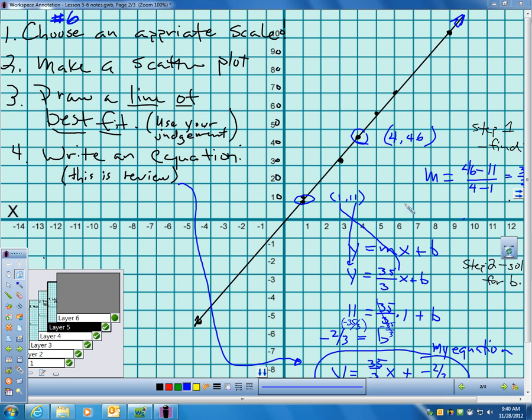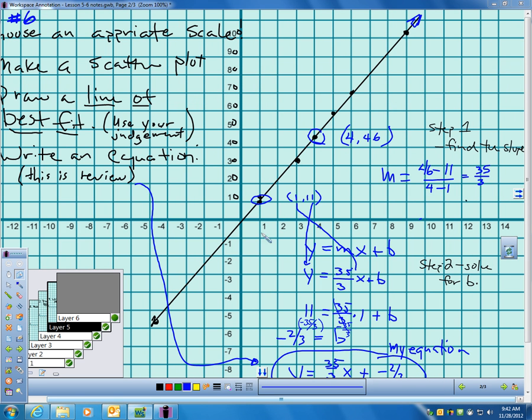When we write our line of best fit, we have to pick 2 points that are on the line. It's very common for me to see people make this mistake, so I'm going to circle these in red. Look at these 2 points. These 2 points were 2 points on the table.